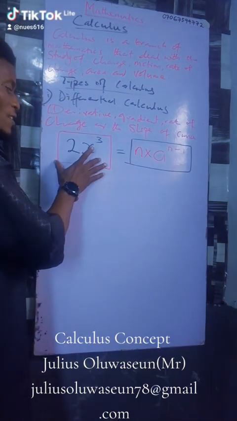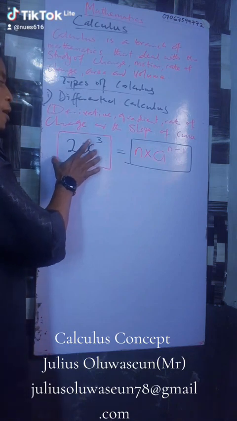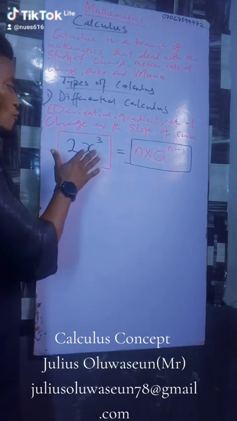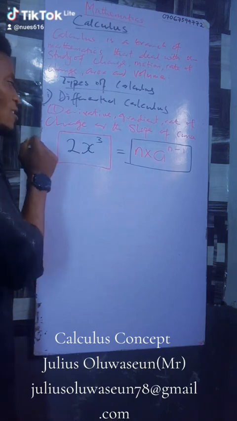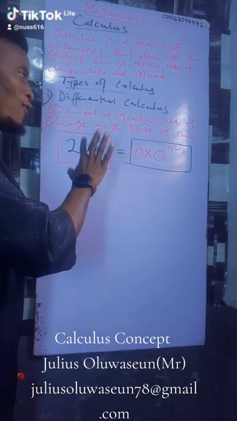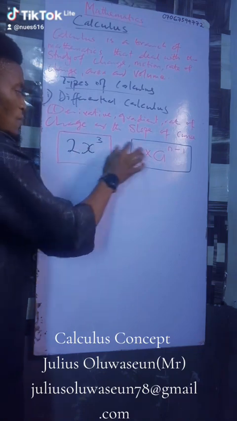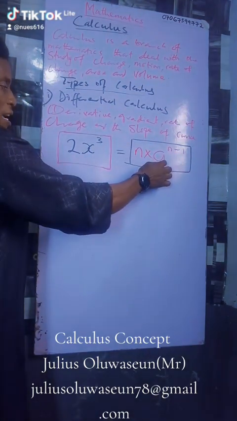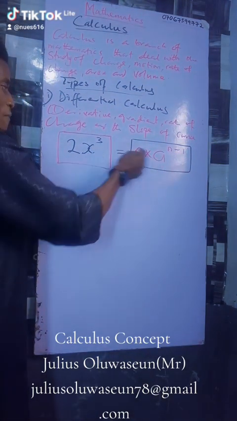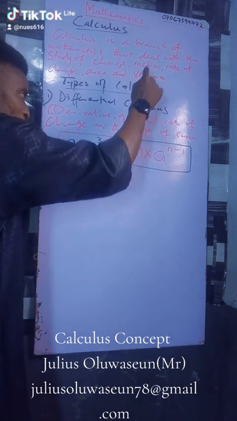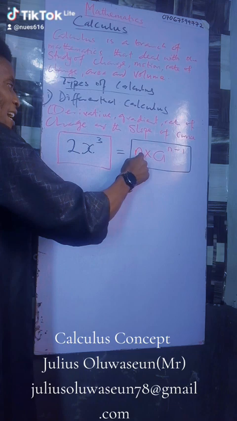Now take a look at this. Say we are given 2x power 3 as our question, and we are asked to look for the derivation of this. This is the normal process. Our 2x represents our a, and our power, which is 3, represents our n.